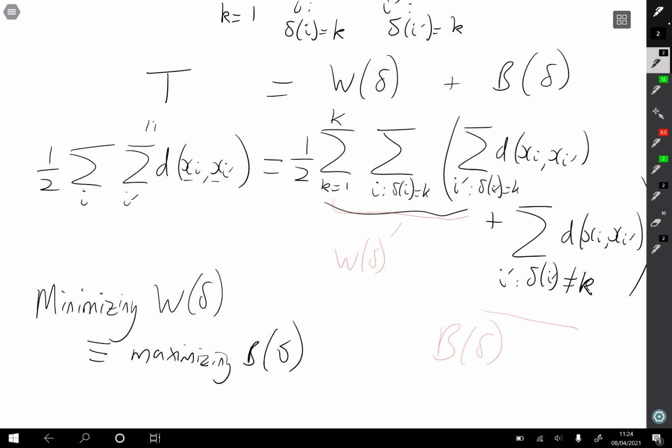Because the total spread, t, doesn't change, there's no delta on this side. Delta only appears on the right hand side here. So we can either choose to maximize w, minimize w, or maximize b.